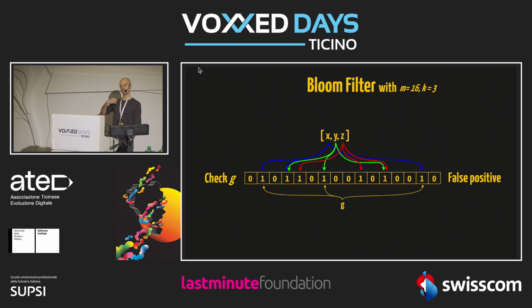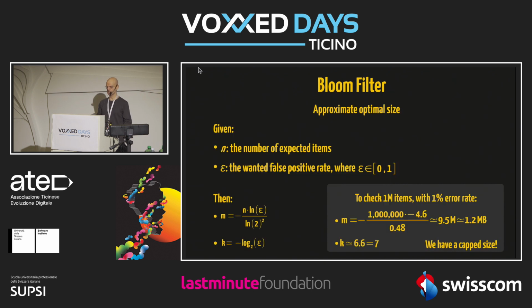The logic of our application must be aware of the fact that the Bloom filter can return false positives and just behave accordingly. But where's the benefit in it?